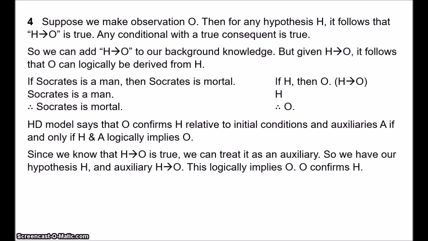And in that case, we can say that O inductively confirms H. Because if H then O and H, they both together logically imply O. So we have a hypothesis H, we have an auxiliary assumption, if H then O, and together they logically imply O. And that means, given the way that hypothetico-deductive confirmation works, that O confirms H.